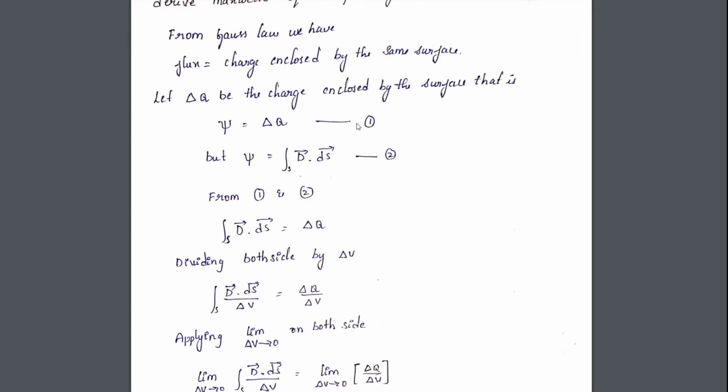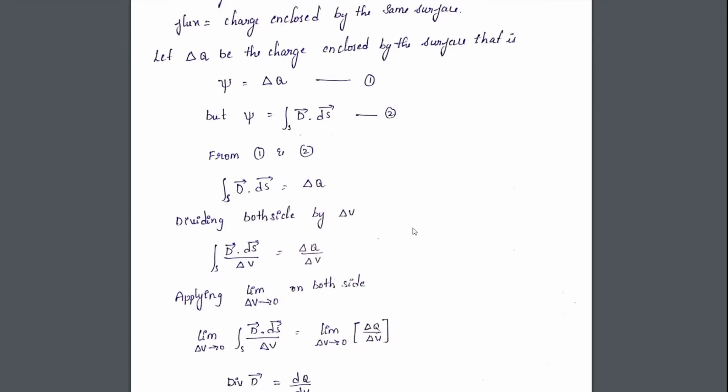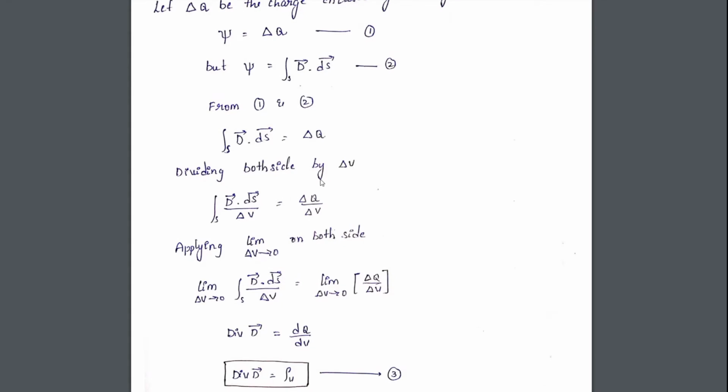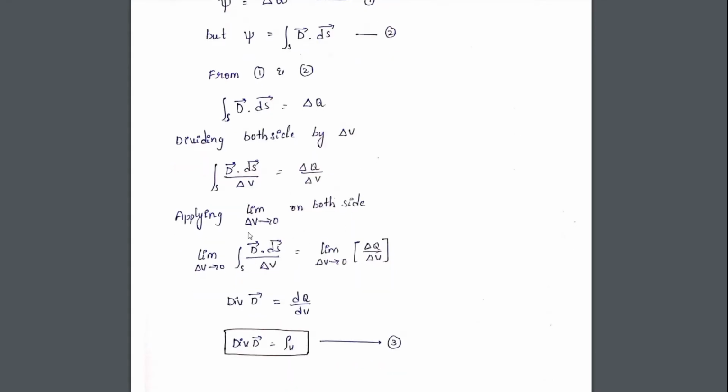From 1 and 2, if you see, the LHS is the same, so you can equate the RHS values. So what does it become? Surface integral of D dot dS will be equal to delta Q. Then you need to divide both sides by delta v and take limits as delta v tends to 0.